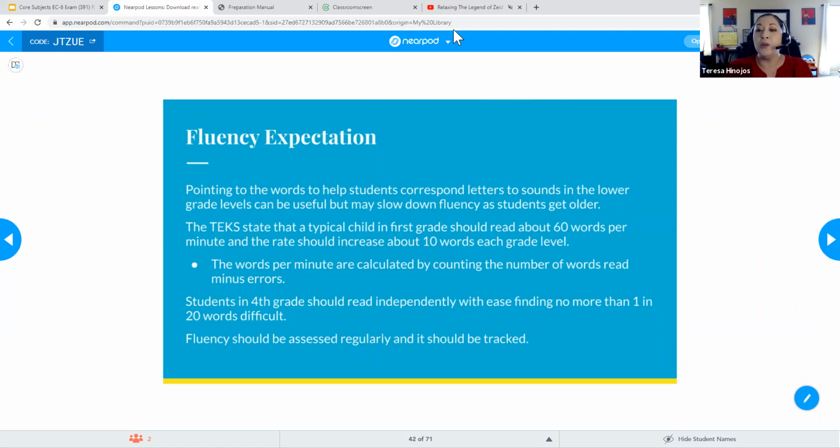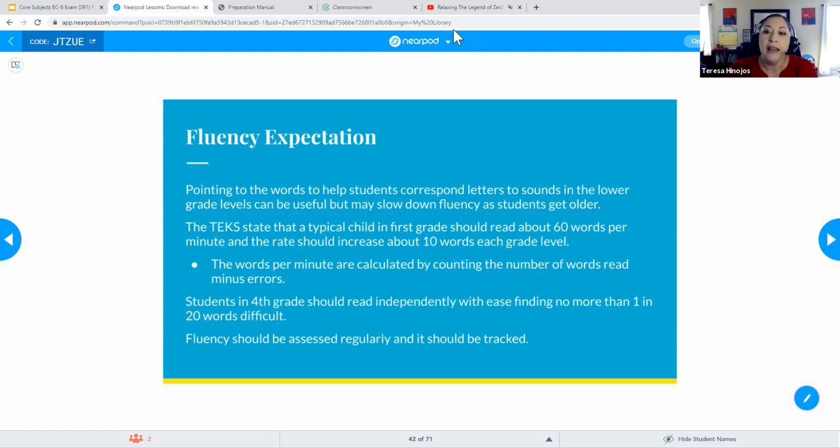But as students get older, say 3rd or 4th grade, you should stop. There shouldn't be any more pointing. Once they get to those upper grades, 4th grade and on, if they're using their finger to point, it's going to slow down their fluency because they should be able to be reading a lot more words.